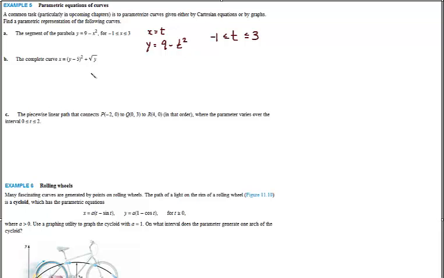For the b question, it would be easiest to let y equal t, and then that way x is going to be equal to (t minus 5) quantity squared plus the square root of t.